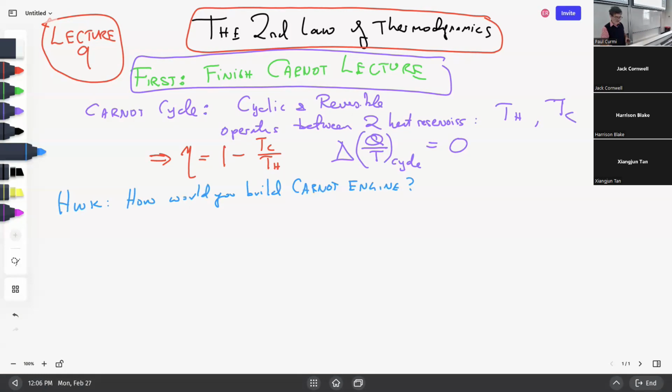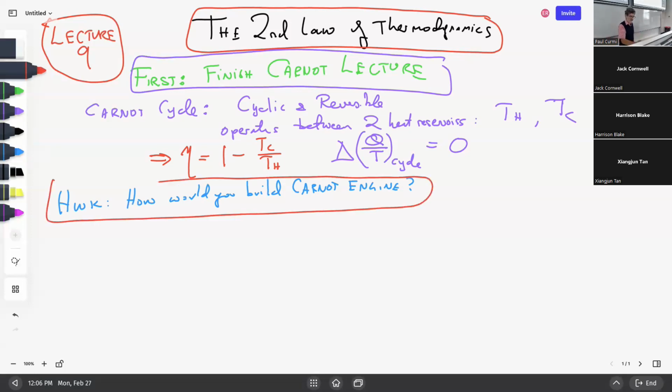It's going to have to be on paper because in reality it's an idealization. So there's some homework just for fun, and for understanding it. Okay, so major properties: reversible and two heat reservoirs.